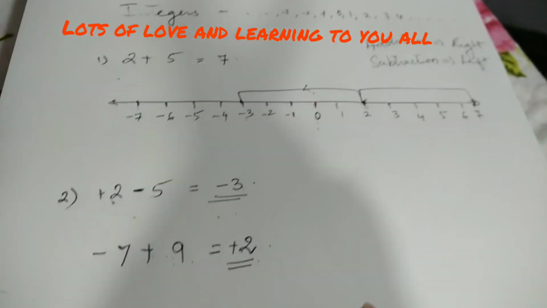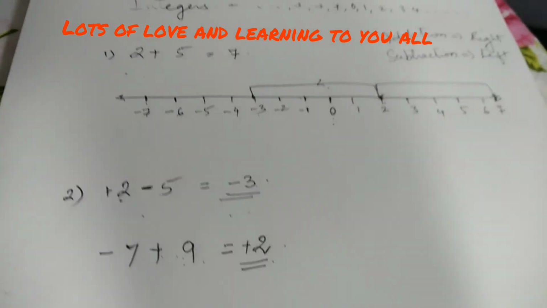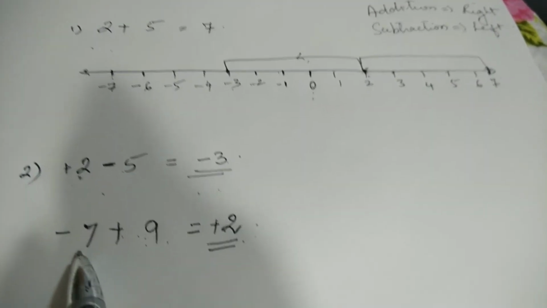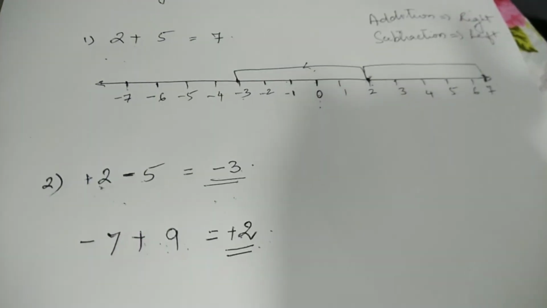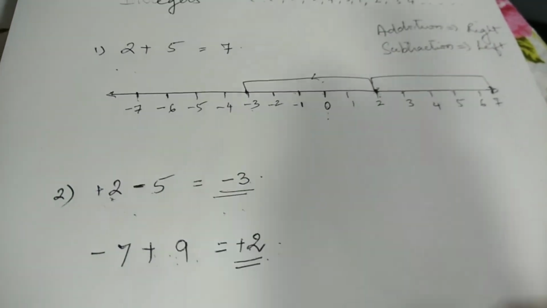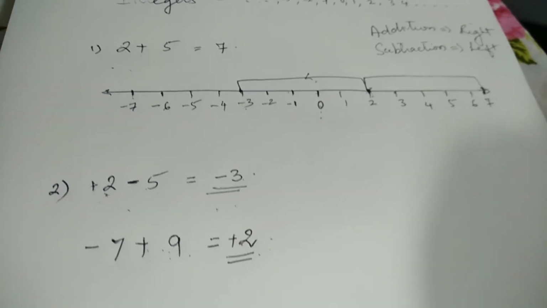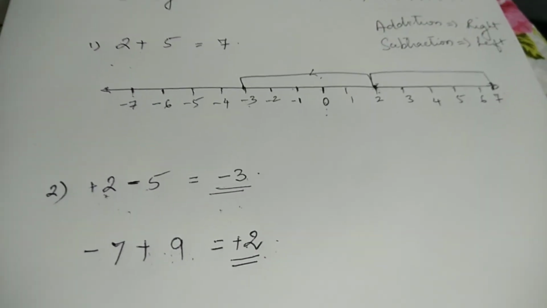One more thing I would like to say: whenever the numbers are small, like 7, 9, 10, 12, 15, we can draw the number line for that, but there is no need to draw the number line if the question is beyond that. They will never ask you that, because these are small numbers.